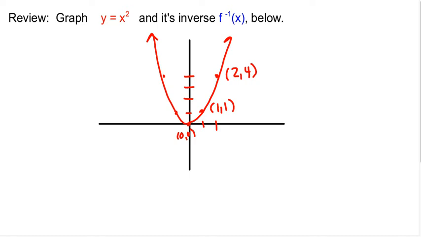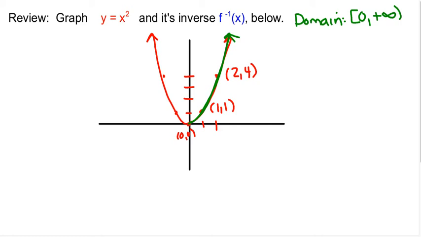So I can cut it like this and just focus on that piece of the domain from 0 to positive infinity. Now if we look at the red function, this piece here, would it pass the horizontal line test, creating it to be one-to-one?